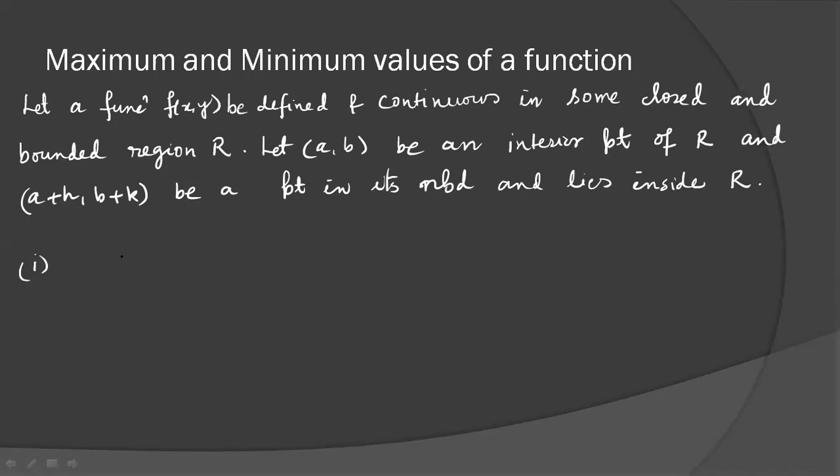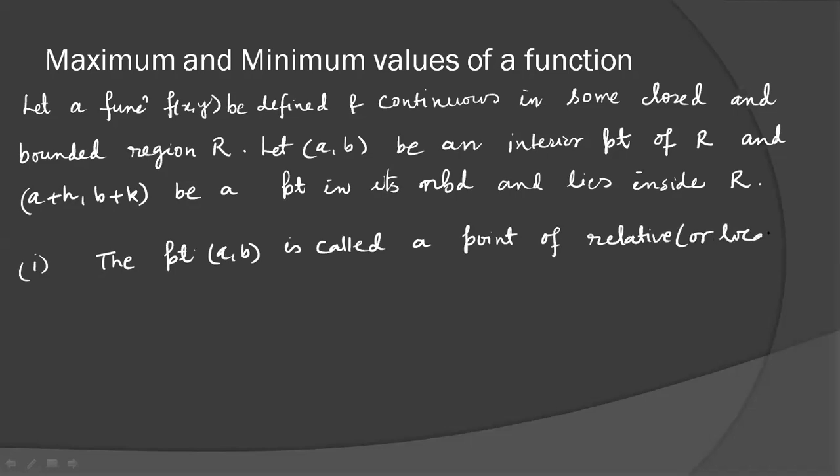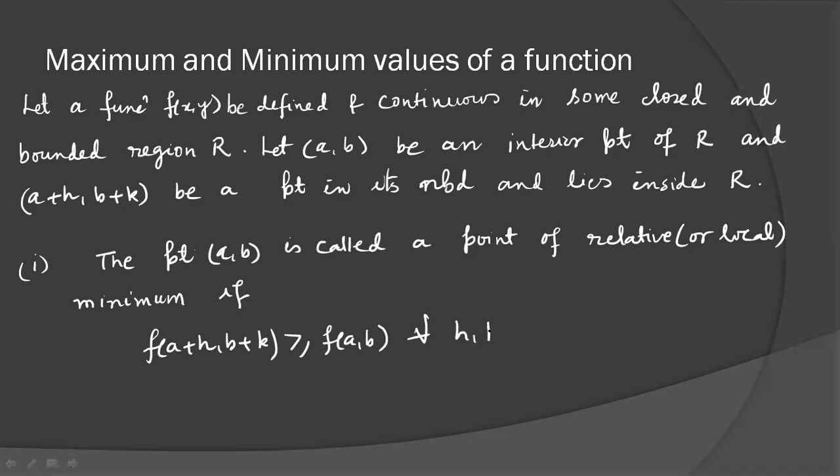Then first, the point (a, b) is called a point of relative or local minimum if f(a+h, b+k) is greater than or equal to f(a, b) for all h, k.